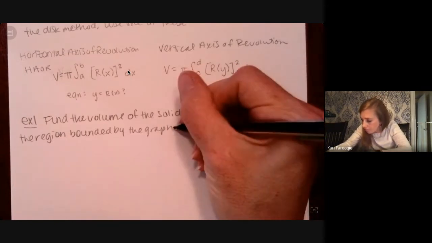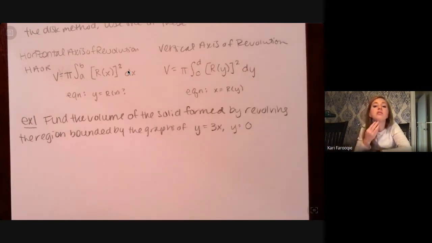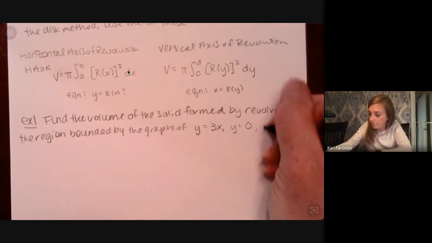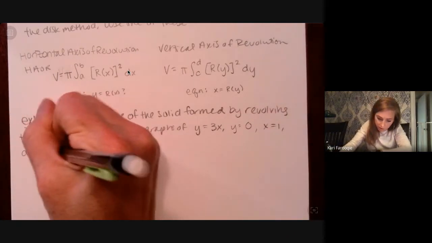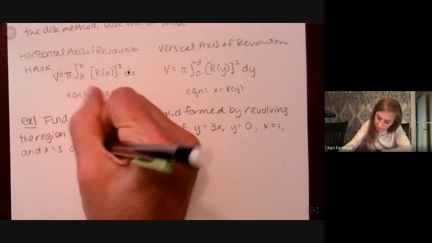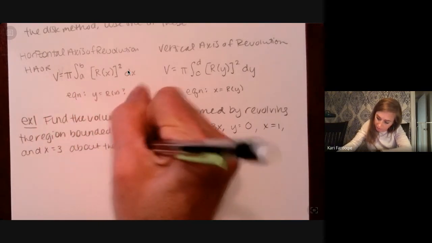I should have said the graphs of, because I'm technically giving you more than one equation. The graphs of y equals 3x, y equals 0, x equals 1, and x equals 3 about the x-axis.